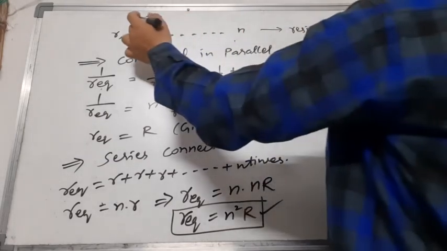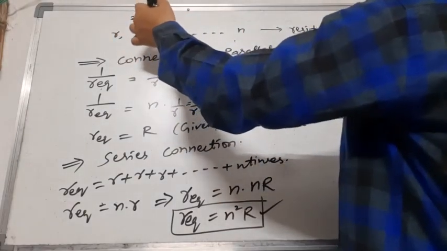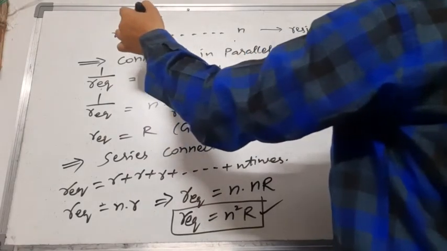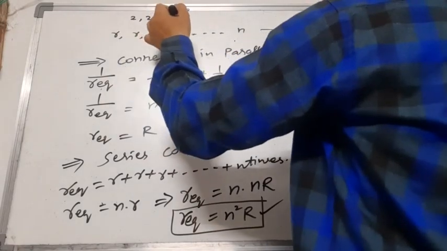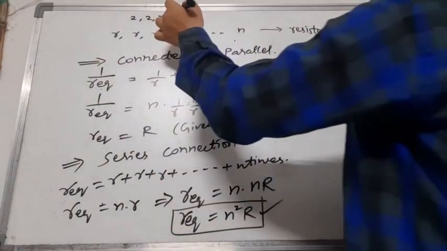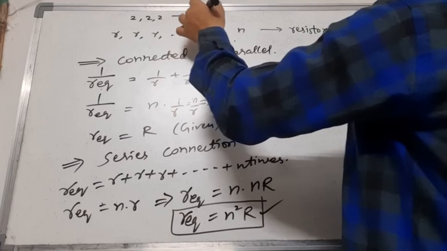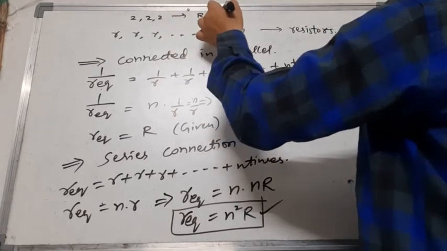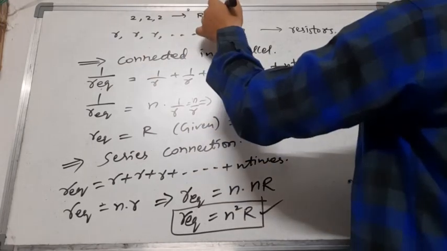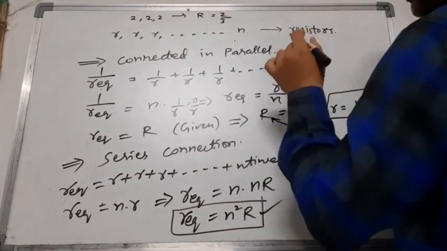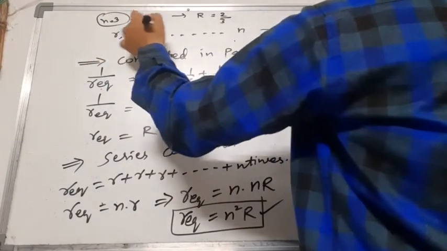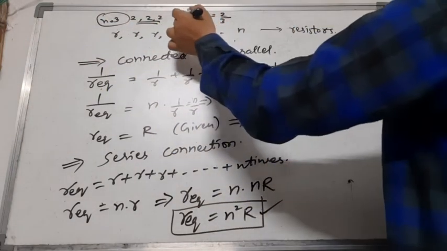So 1 by 2 plus 1 by 2 plus 1 by 2 is 3 by 2, and its reciprocal is 2 by 3. Here N is equal to 3 resistors connected, the same resistors, in parallel.